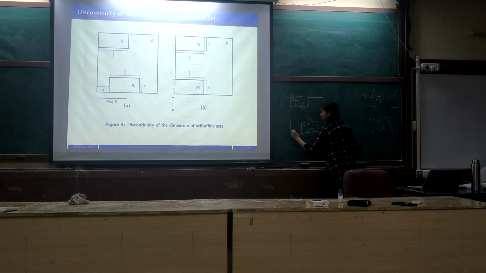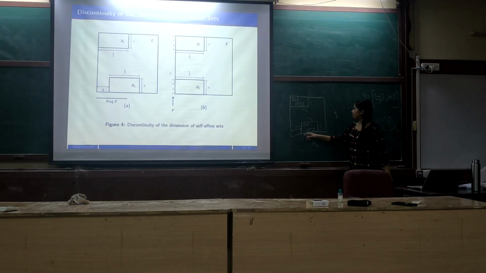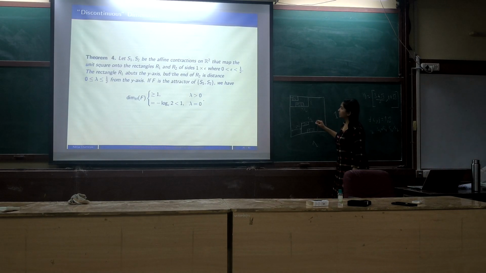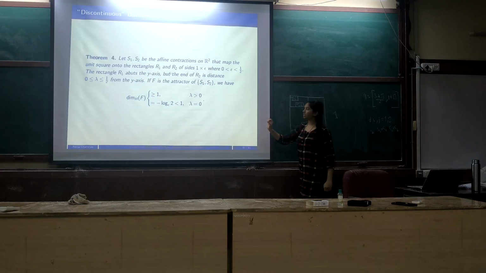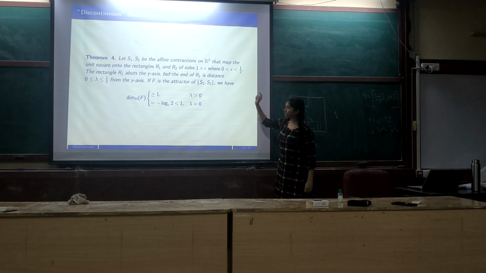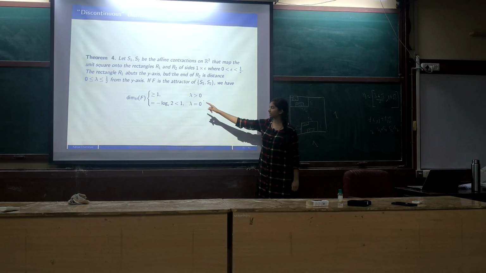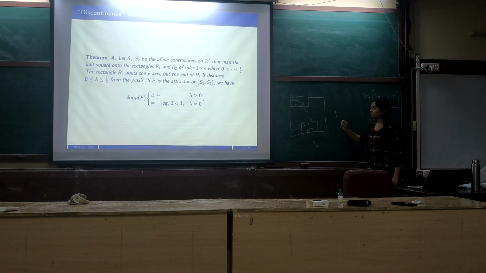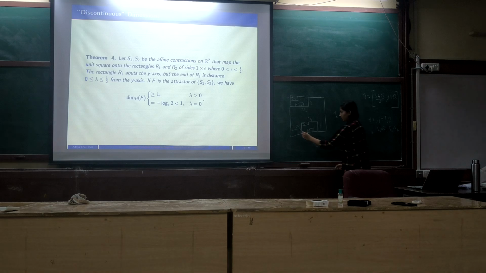Now this gap is basically your lambda, and basically what the theorem says is that if you keep on decreasing lambda for non-zero lambda and epsilon less than half, your Hausdorff dimension will always be greater than or equal to 1. However, when lambda is 0, your dimension will be equal to minus log 2 base epsilon, which is less than 1.